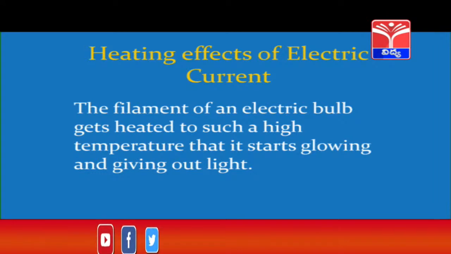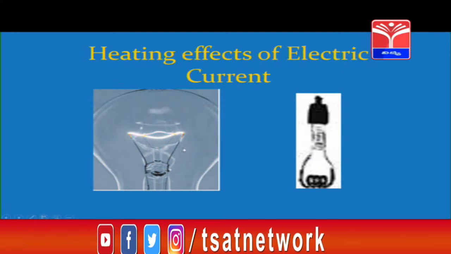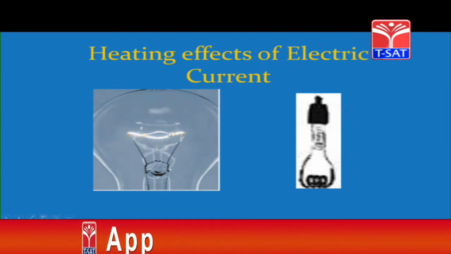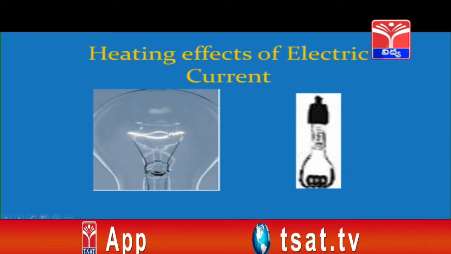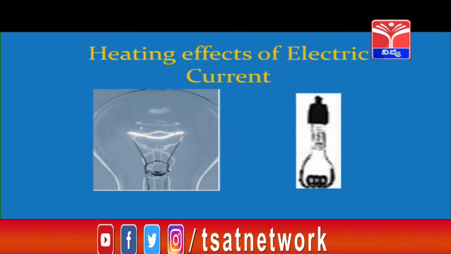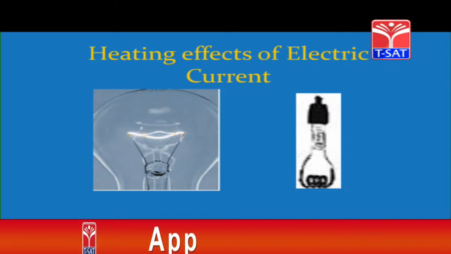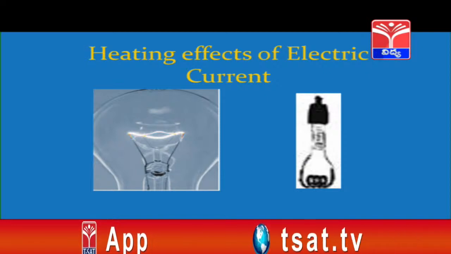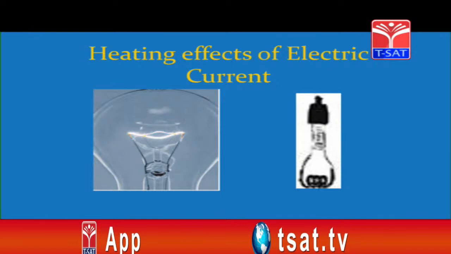In a bulb we will see a small spring-like structure, made up of a metal called tungsten. Due to its high melting point, tungsten will not melt that easily, and here it gets heated and light energy is radiated out.